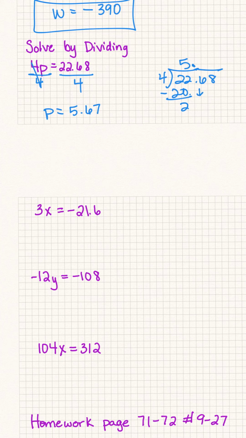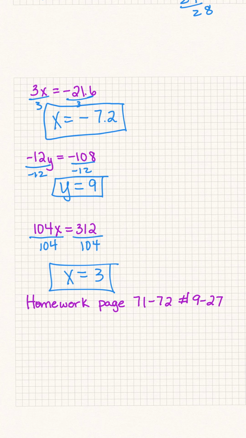Okay, try the next 3 on your own. Check back to see if you got them correct. You should have got x equals negative 7.2, y equals 9, and x equals 3. Your homework tonight is pages 71 and 72, numbers 9 through 27 odd.